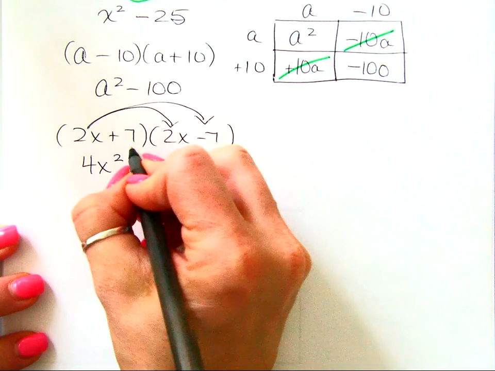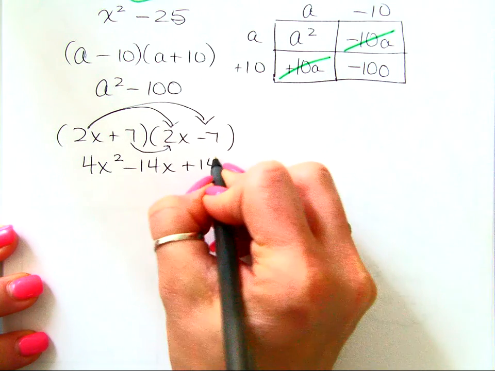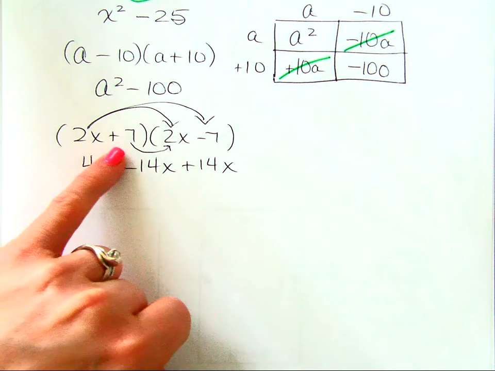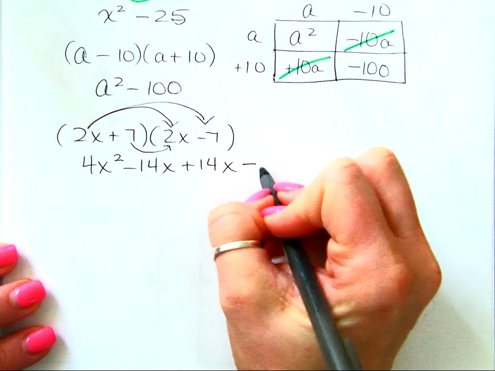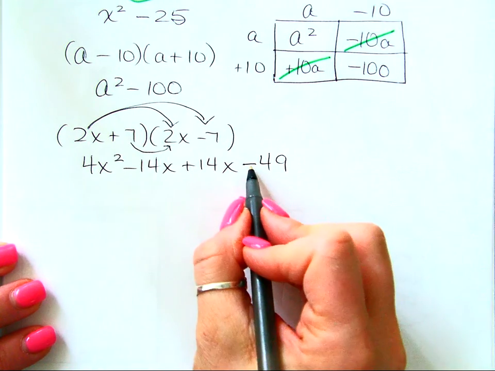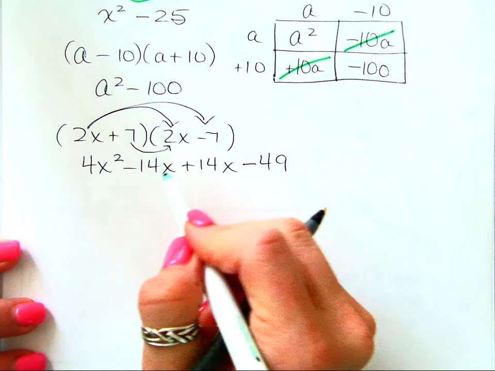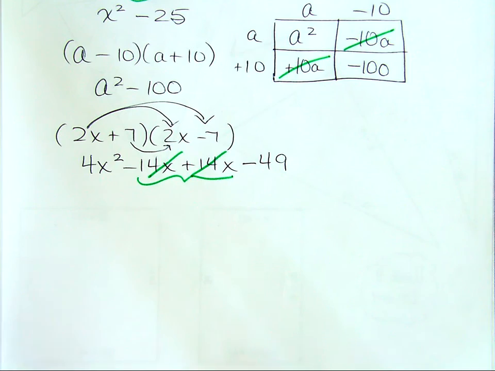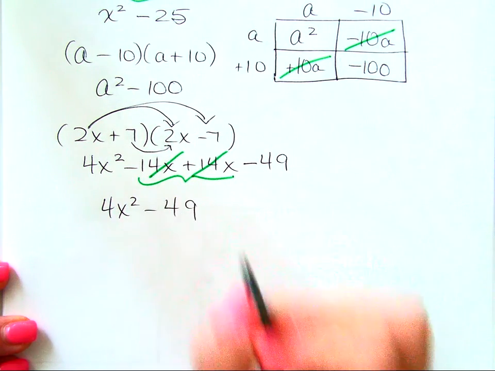And now I go and distribute this. And there's that positive 14x. And I want you to think about this. A positive 7 times a negative 7 is going to be a negative 49. That sign right there is going to come into play in a little bit. Okay, so again, I go to combine these two and they end up canceling. And I have 4x squared minus 49.